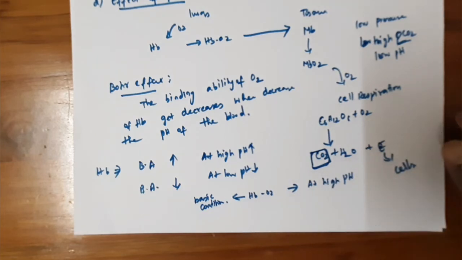In acidic condition deoxyhemoglobin is the favored structure. Okay, and this is about the effect of pH and the effect of pressure. The binding capacity of hemoglobin increases with increase in pressure, as well as the binding ability of hemoglobin increases when the pH of the solution increases.